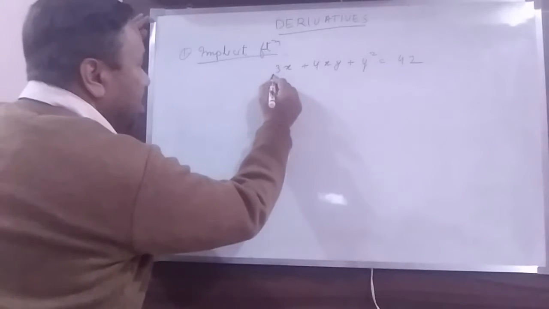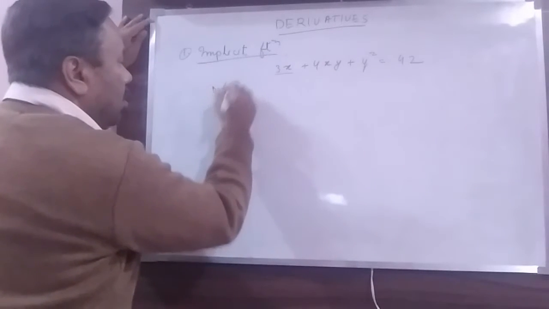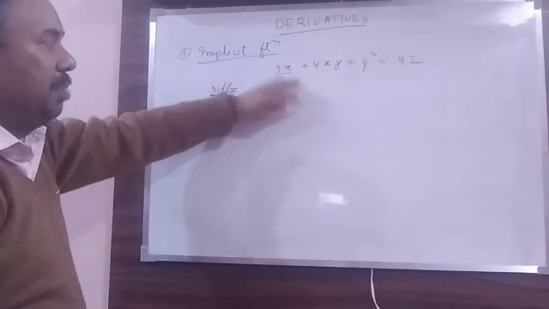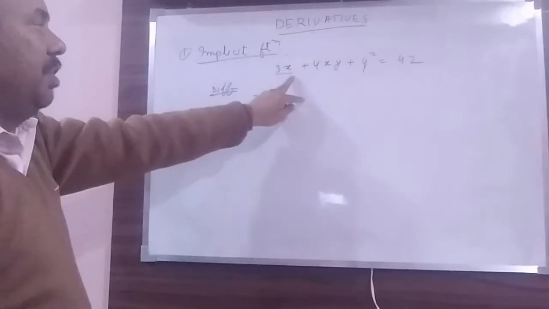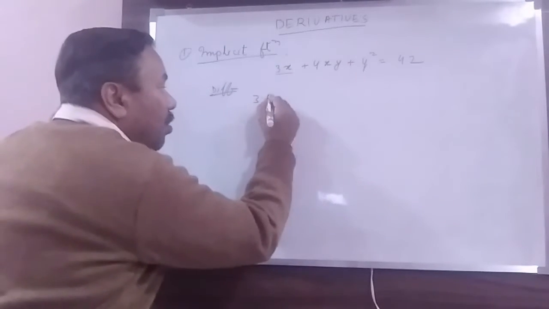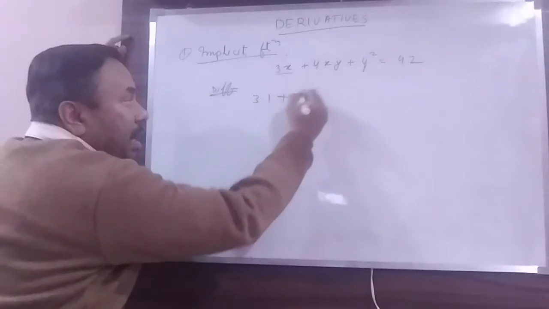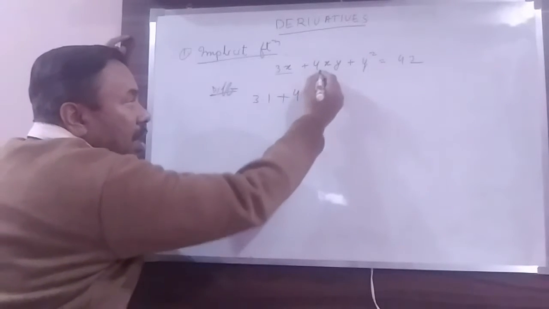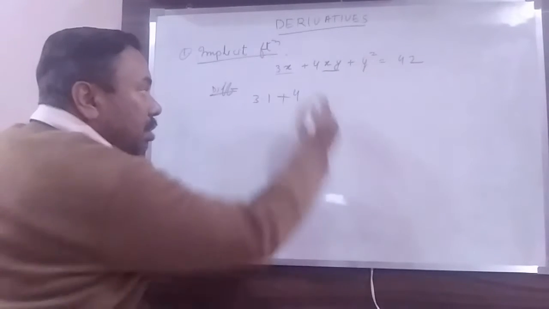When I differentiate the first part, 3 is a constant number, and differentiating x with respect to x, the answer will be 1. Now plus 4, a constant term, and for these two I will use the product rule.